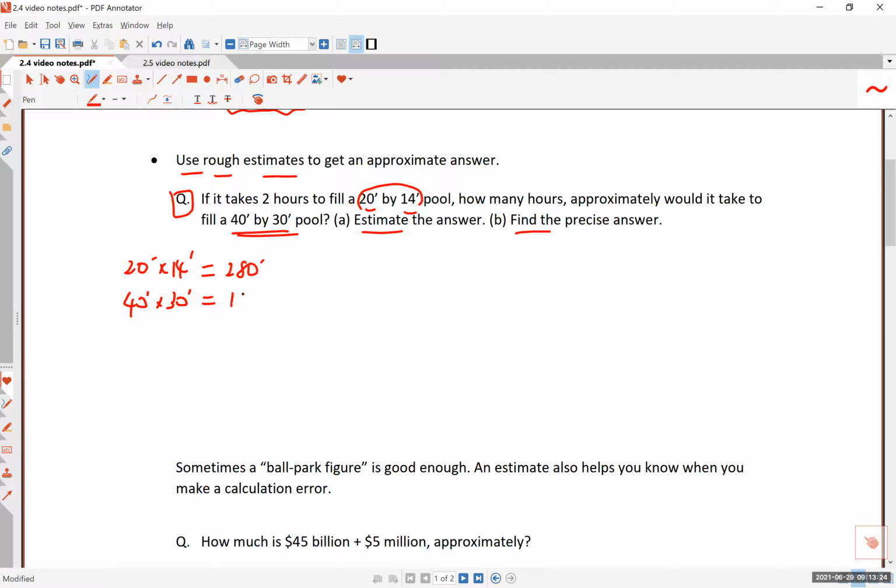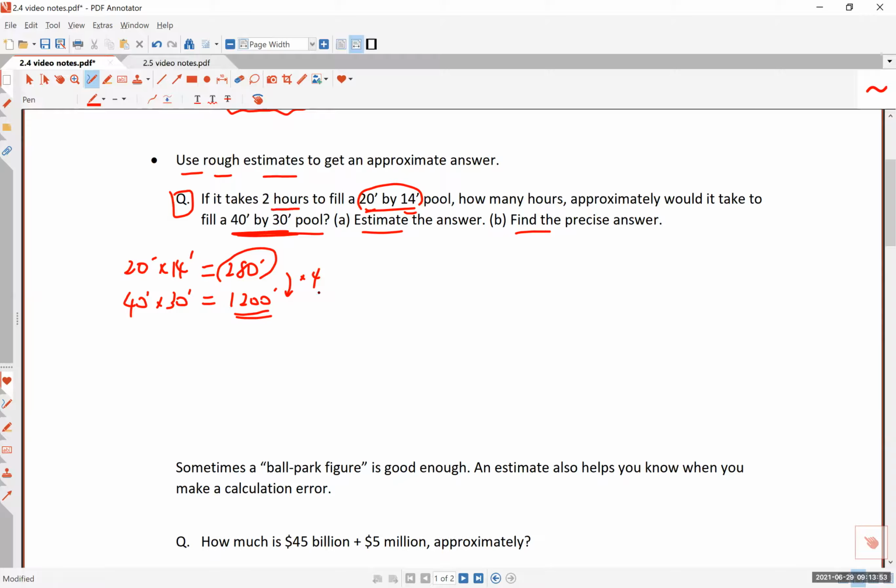And then how about 40 by 30? That's 1,200. Now, you don't have to come up with the exact ratio here. 280 is close to 300, right? And this is 4 times as big. So you know right away, just by looking at the square footage of the pools, that the larger pool is more than 4 times the size of the smaller pool, which we have just filled in 2 hours.